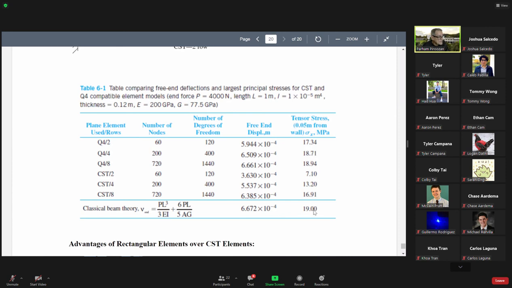So very quickly it is converging. But look at triangular with 2 rows, it is 7, which is not good at all. With 4 rows, we got 13. Still, it is not good. And even with 8 rows, it is not there. So with the quadrilateral, you see it converges much faster.